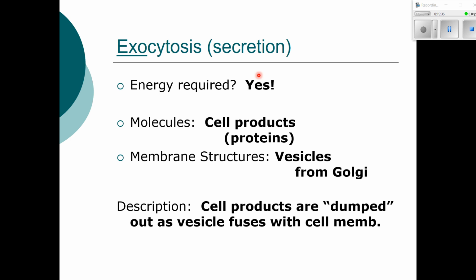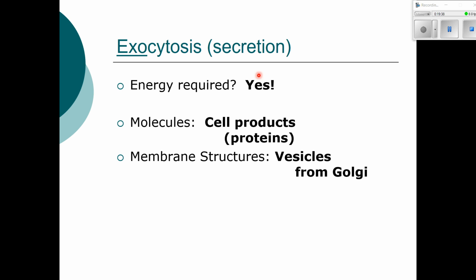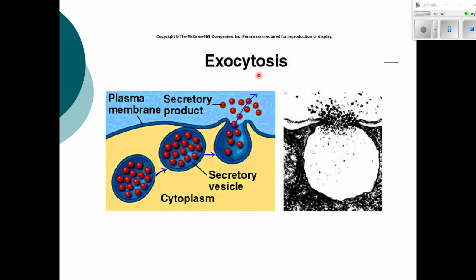Now, exocytosis can take on a slightly different form. If you go back to the image here, let's suppose instead of some protein product, let's suppose that these molecules are simply waste materials that the cell is needing to get rid of. In that case, the process would still be very similar. The Golgi is going to package the waste material inside a vesicle.